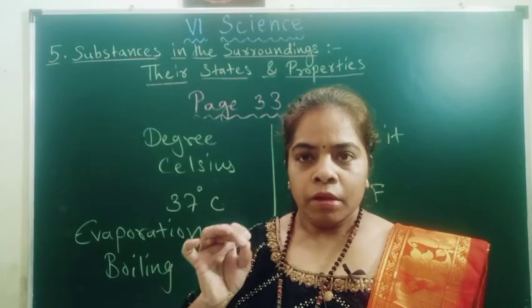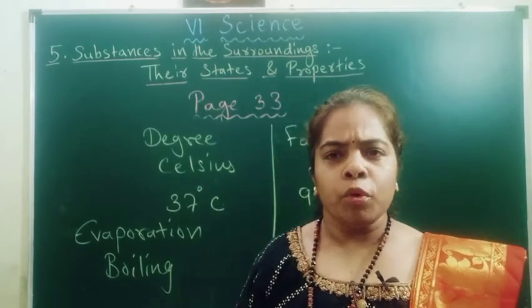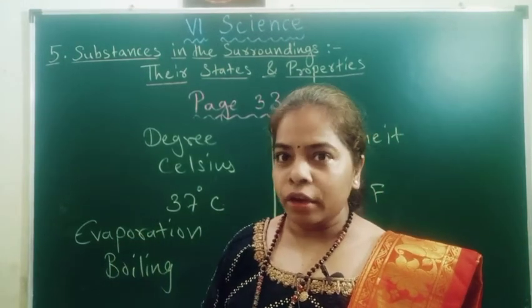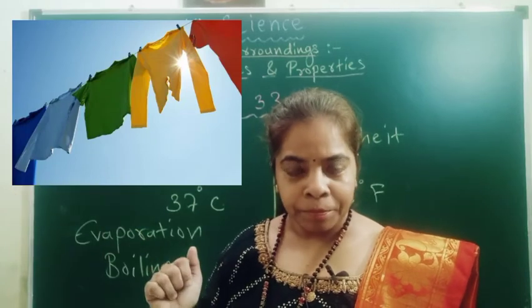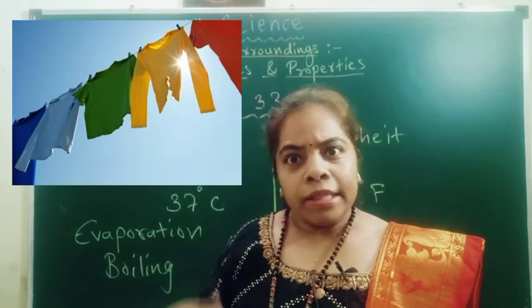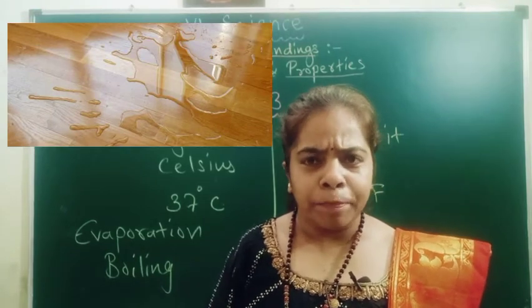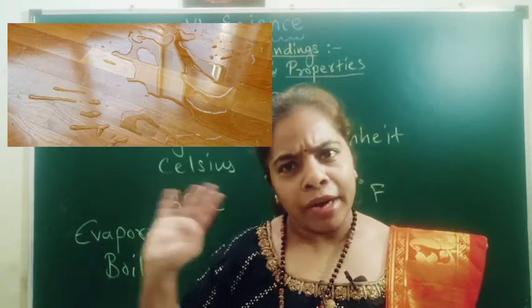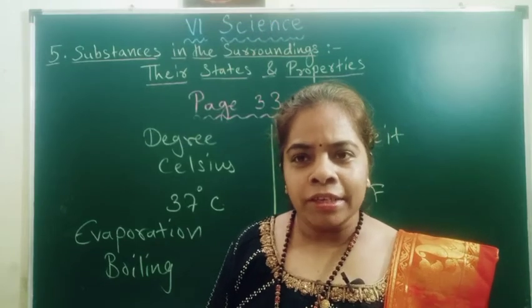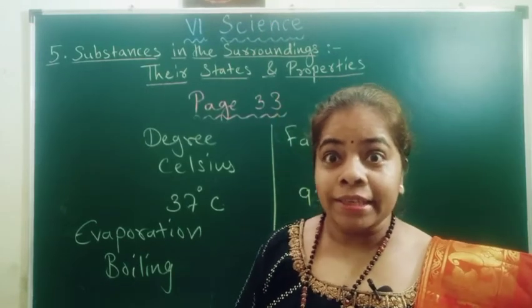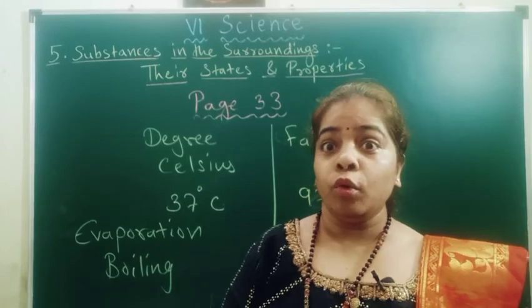Now, if you want to understand it, suppose you are hanging wet clothes on a line, on a string. They will become dry on their own. If somewhere a little bit of water is spilled, that water is going to dry on its own, right? This process is evaporation. Where is the water going?